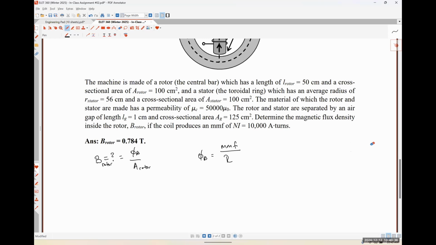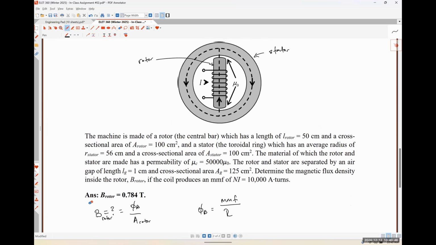Okay, so MMF was given to us. Once again, once we find the equivalent reluctance, we're off to the races and we can do everything else within a step or two. So we've got a rotor that's going to have reluctance, an air gap that's going to have reluctance, and then we've got our stator, which is going to have reluctance.